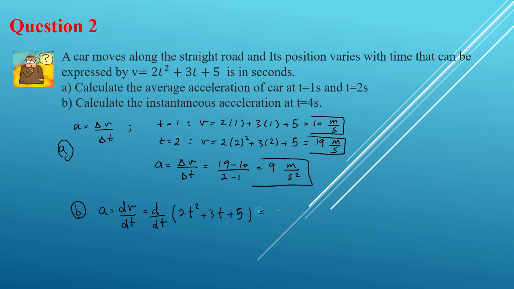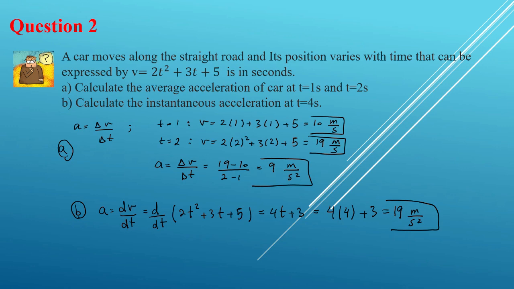And this derivative is going to be 4t plus 3. And then here I have time as 4 seconds, so 4 times 4 plus 3. And the answer is going to be 19 meters per second squared, right?